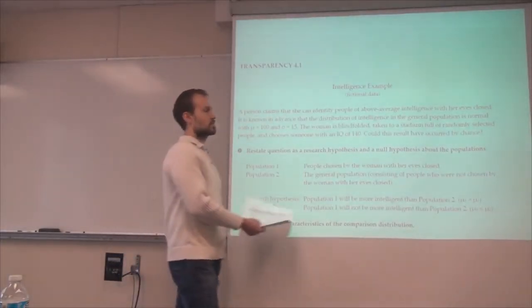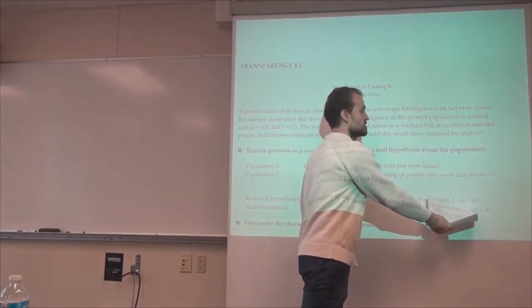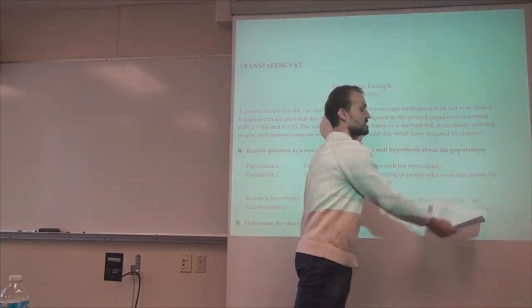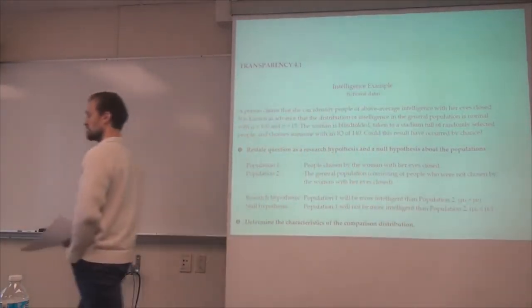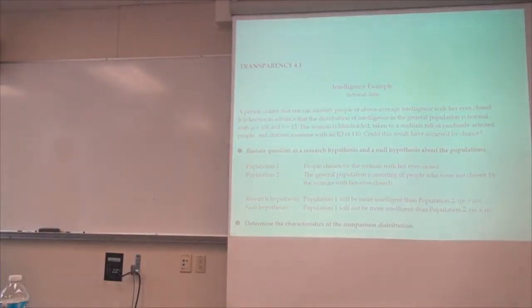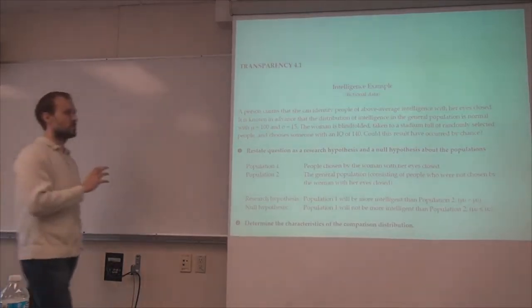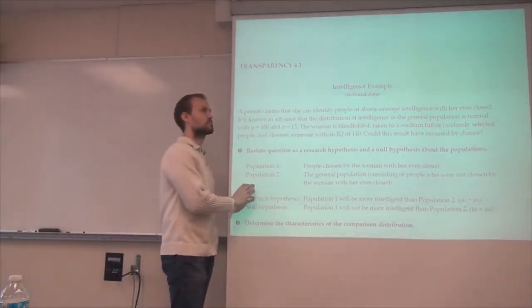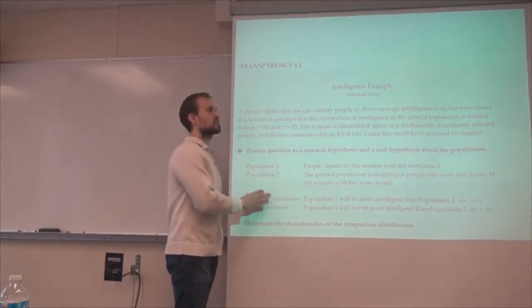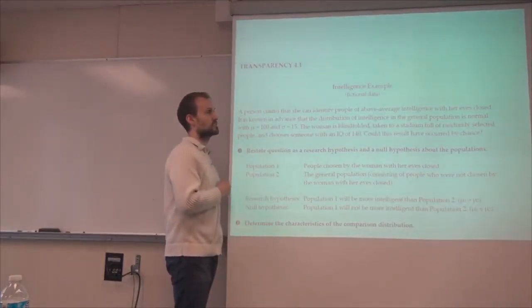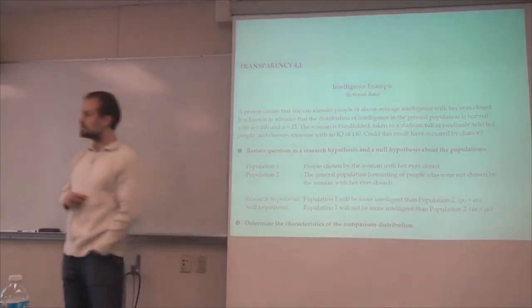So then her person's intelligence is less than or equal to the population average. Everyone with me so far? So I'm just going to use the research hypothesis and the null hypothesis to give some structure to my investigation of her claim.